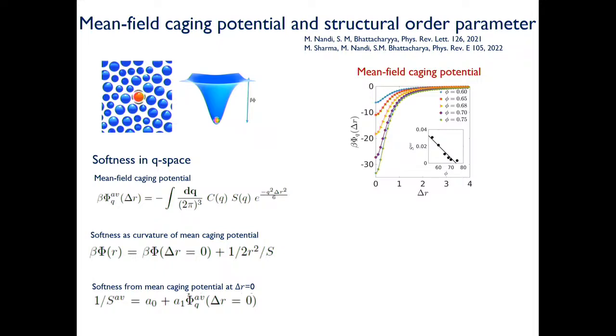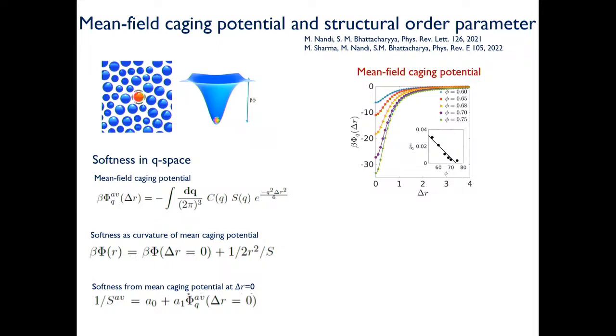One can use this expression, make a harmonic approximation, and say that your effective potential has this harmonic form, and essentially the curvature of the potential gives the structural order parameter. This is the inverse of the stiffness of the potential. What we are deriving from here is the stiffness of the potential, and we take the inverse of that and call it our structural order parameter.